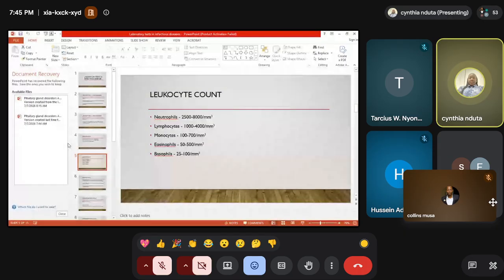The moment you have exceeded ranges, for example of neutrophils, then you are likely to be dealing with a bacterial infection. The moment you have a very high lymphocyte count, you are probably dealing with a viral infection. The moment you have a very high eosinophil count, you're probably dealing with a parasitic or an inflammatory reaction.